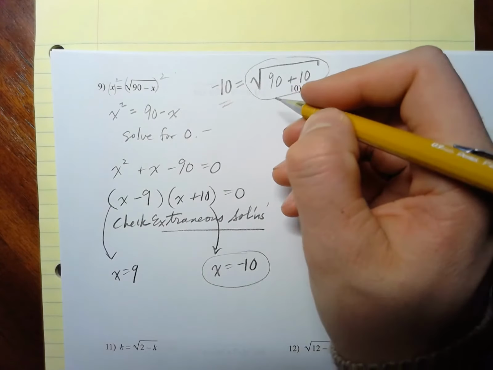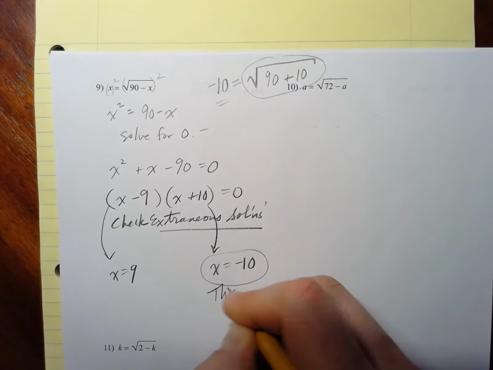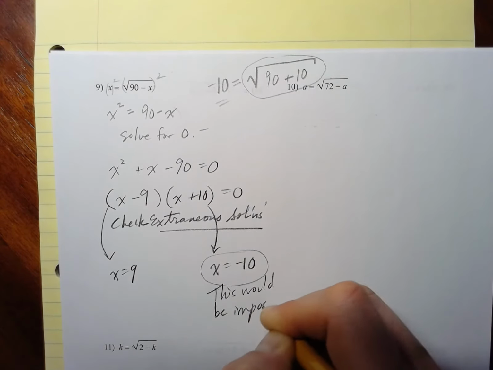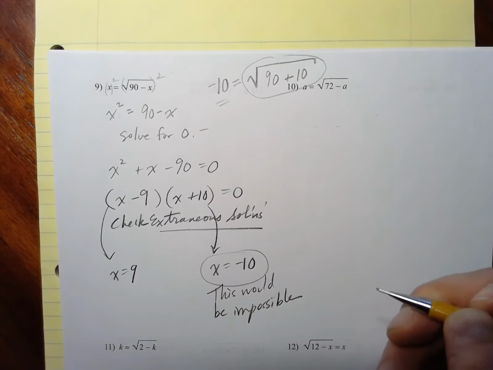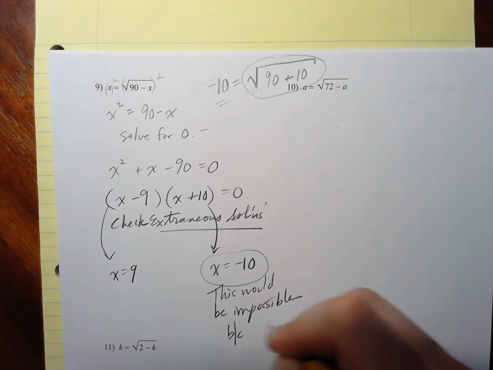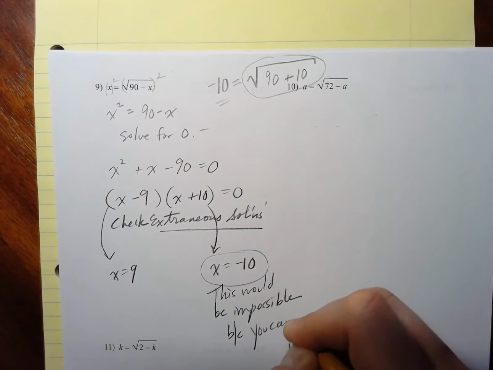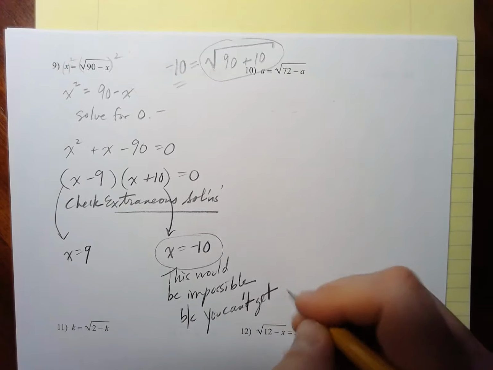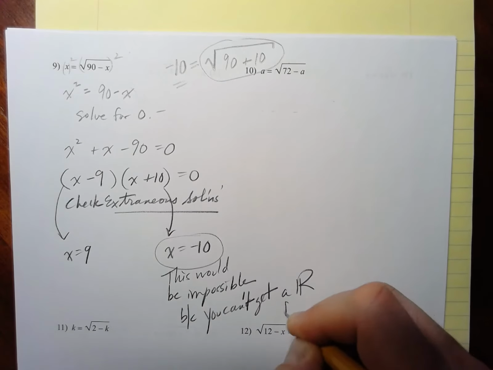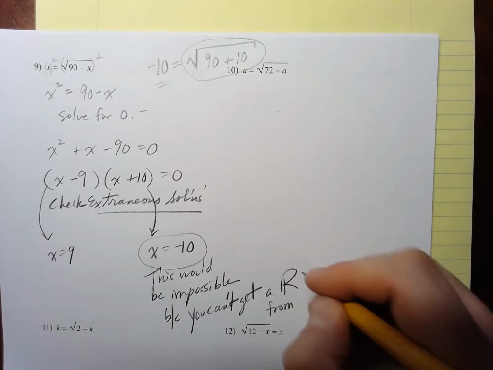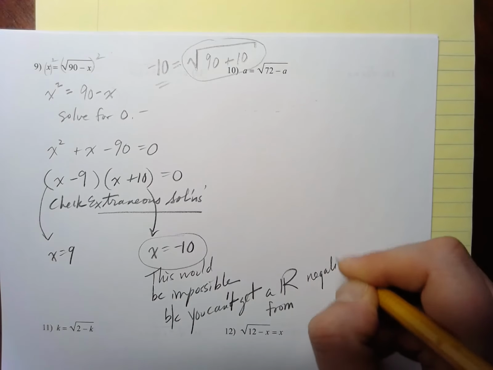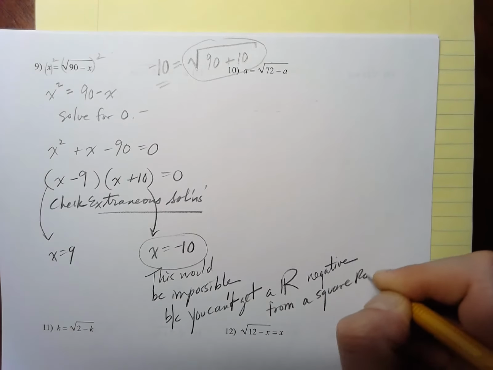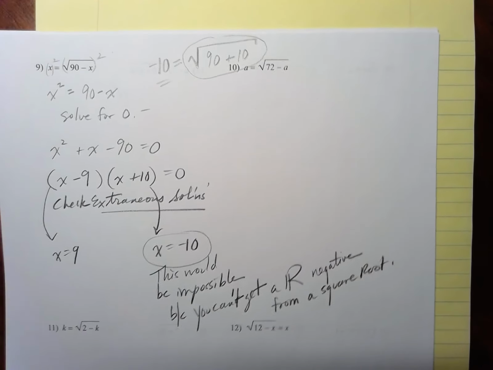That's impossible, right? This would be impossible because you can't get a real negative from a square root. That's the whole point in that.